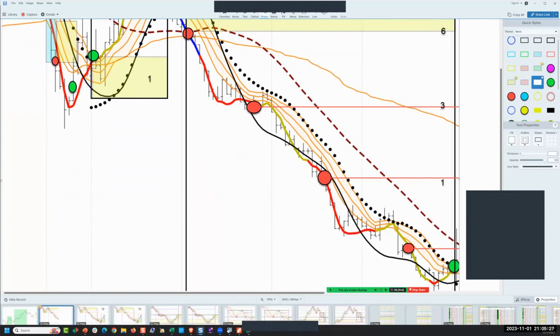Standard exit when the RL10 hits the PSAR. Could you have gotten out here? Yeah, had 10R in hand, was willing to give it a little run. And then when it broke, now you could have exited here and then re-entered there. That's fine, but not counting this one, that's about 10R from the first entry.